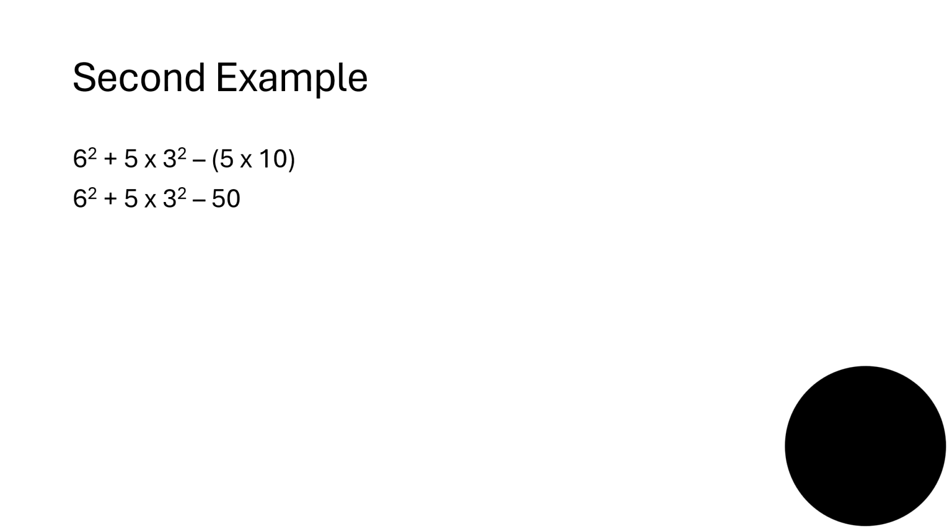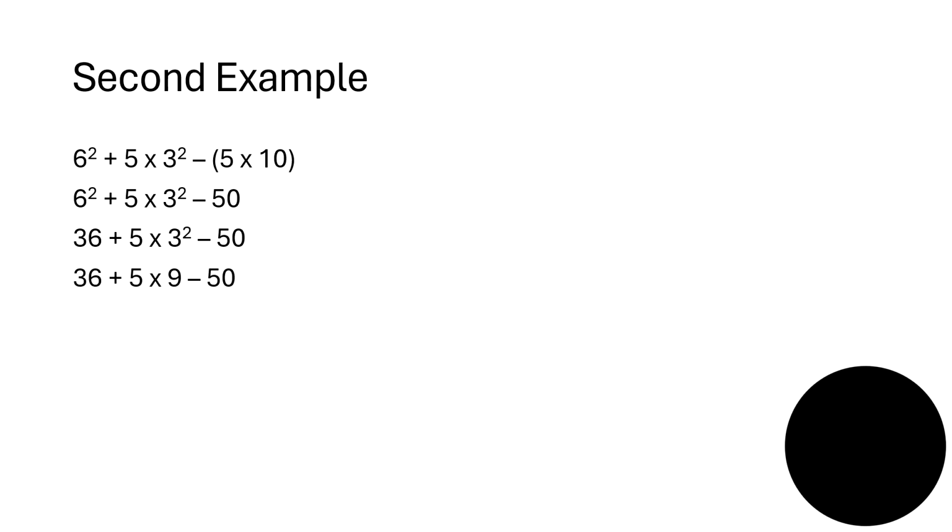So what we have down so far is 6 squared plus 5 times 3 squared minus 50. I'm sorry, we already did the parentheses. We do the exponent. And so 6 squared is 36, then plus 5 times 3 squared minus 50. And so we work left to right.